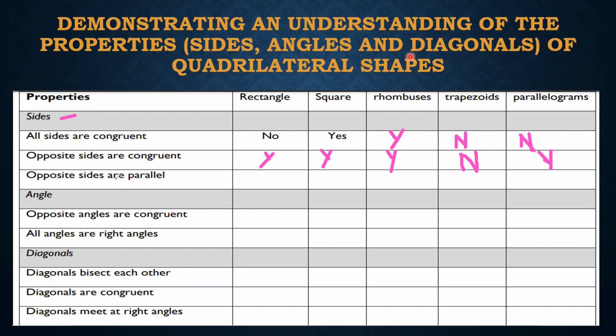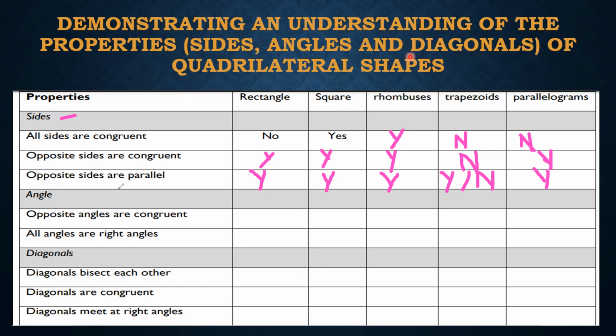But when you talk about the opposite sides being parallel, then we have the yes and no, because the other two pairs are the same. So here is supposed to be the yes and no. Now let me start. The opposite sides are parallel. Yes, because once the opposite sides are the same, they must also be parallel. So here is also yes, here is also yes, and here is also yes. Okay, the opposite sides are parallel. They will never even meet. Here, only one pair is parallel, the other pair is not parallel.